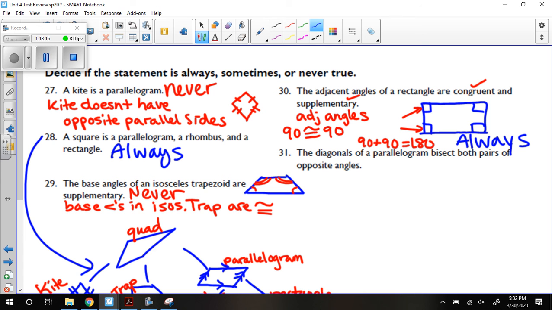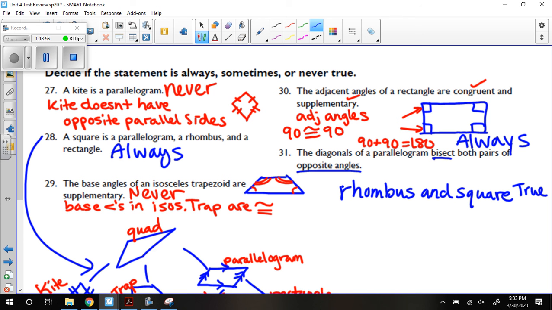And for number 31, the diagonals of a parallelogram bisect both pairs of opposite angles. So the important part here is bisect opposite angles. We have two figures, a rhombus and a square, that this is true for.